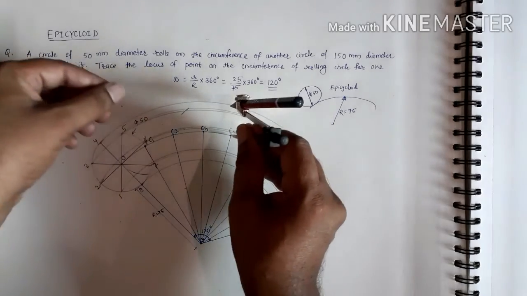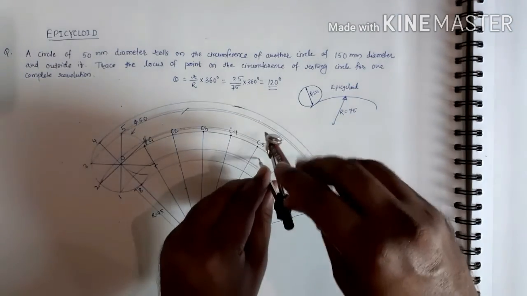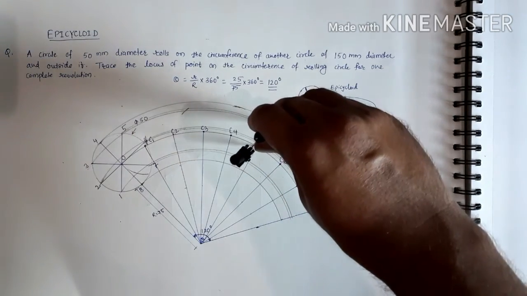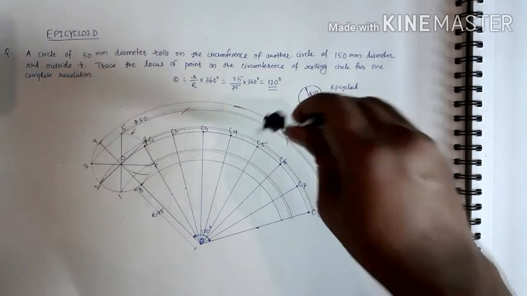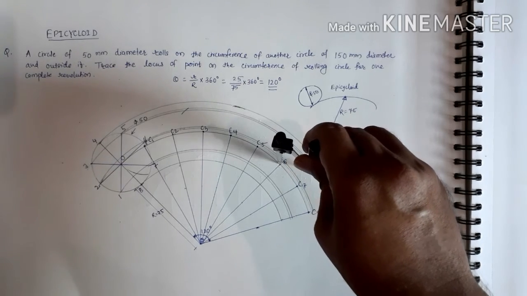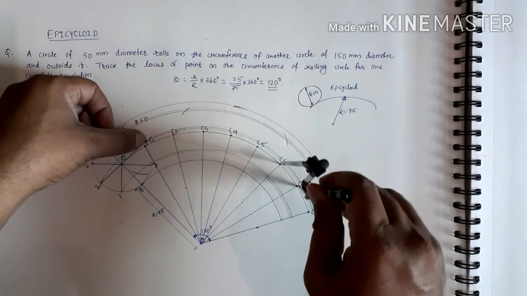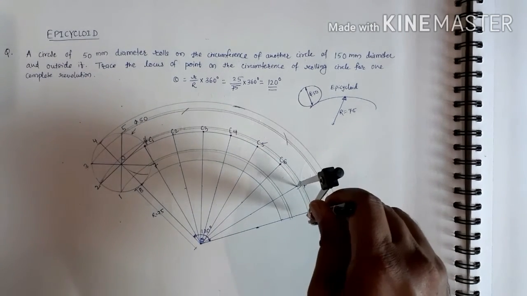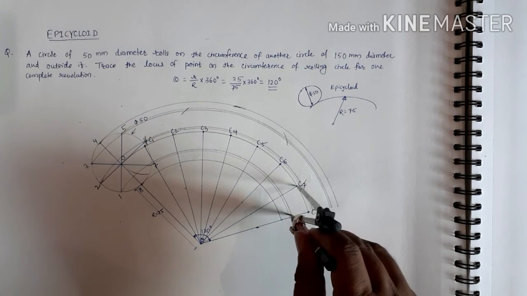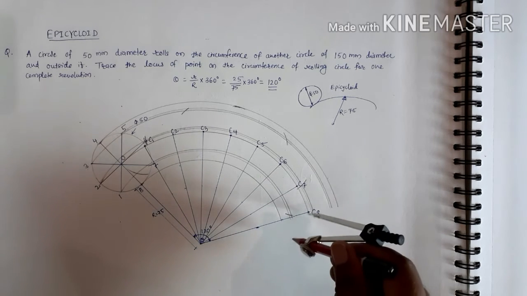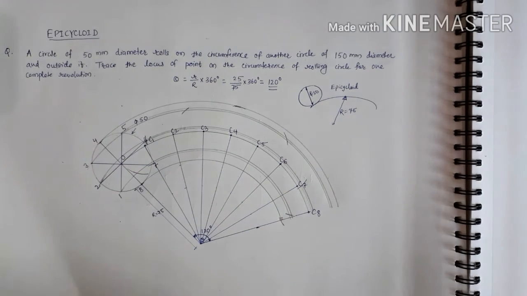For C4 it will be exactly on the curve. Put on C5 and mark on curve from point 5, C6 on curve from point 6, C7 on curve from point 7, and put on C8 and you will get this last point because it is same as radius.